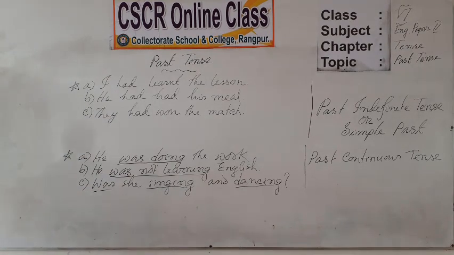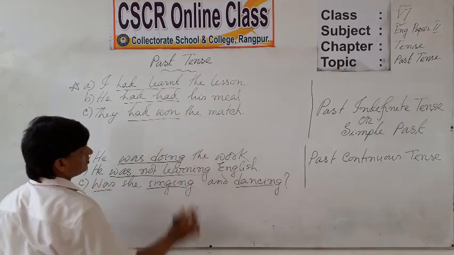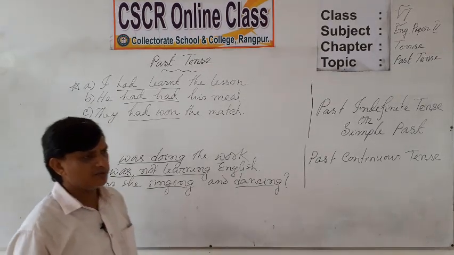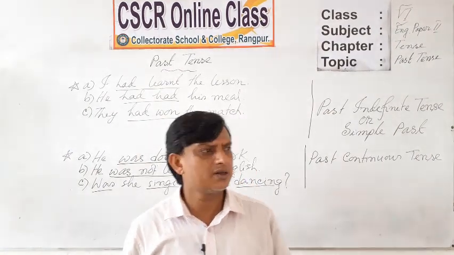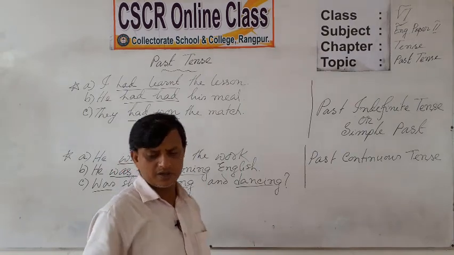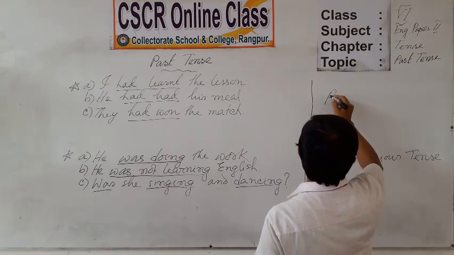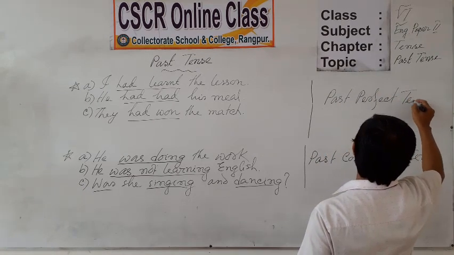Yes, again there are three sentences and the verbs are had learnt, had had, had won. Dear students, had plus past participle. Had plus past participle, that means verb form 3, V3, and when the verb's structure is had plus past participle, then we can call it past perfect tense. Yes, past perfect tense.